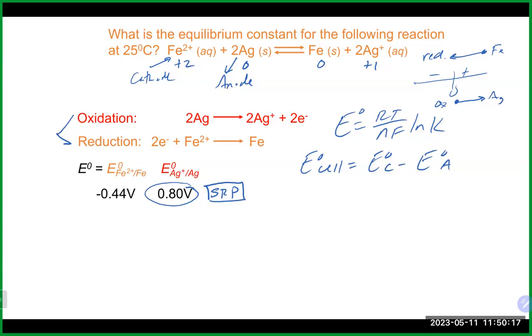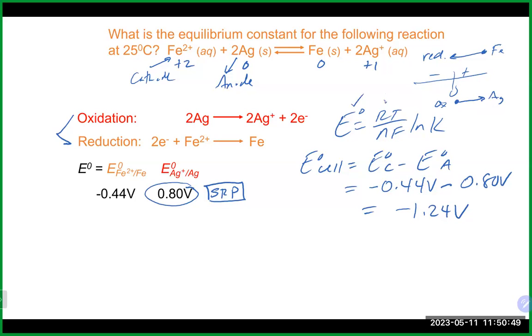If you chose to change the sign, you should add instead of subtract at this point. So we will go with the cathode, which here is our iron, minus our anode, which is our silver. And in this particular case here, we get a 0.44 on the negative there, and a 0.80, going to give us a negative 1.24 volts. That will be our E of our cell.